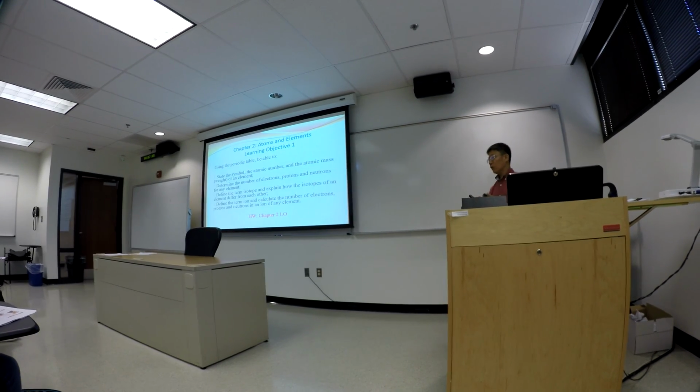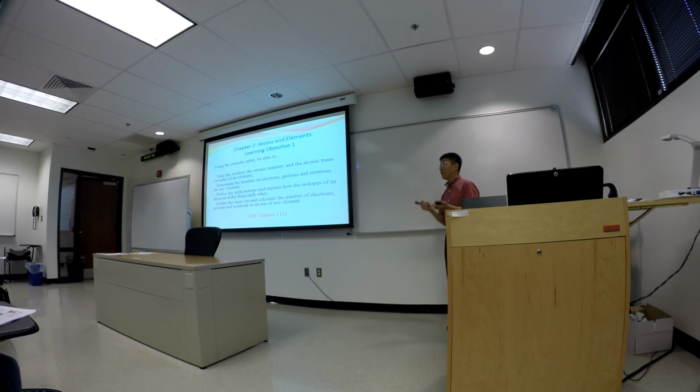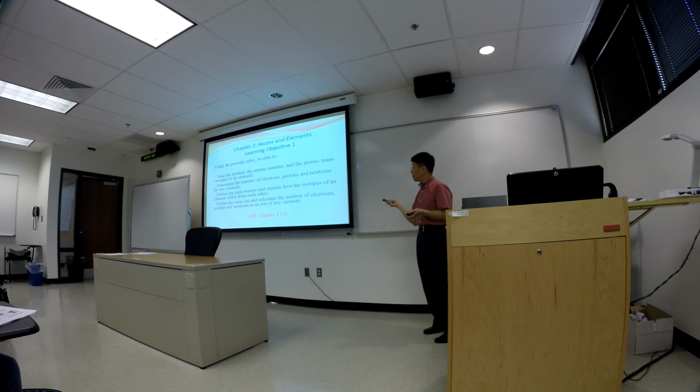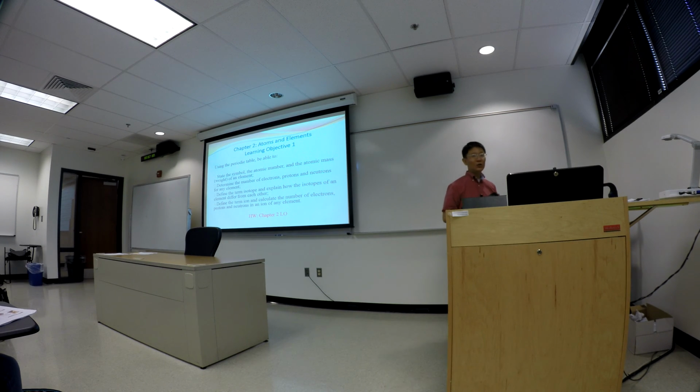And also, as we know, atoms of many elements belong to the same family, but they may have different numbers of neutrons, and as a result, we introduce the term isotope. So we need you to be able to define isotope and explain how isotopes of an element differ from each other.